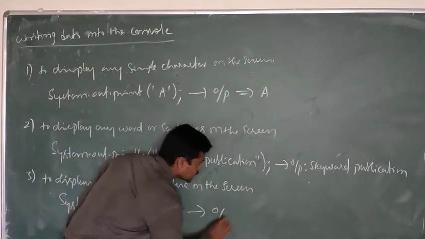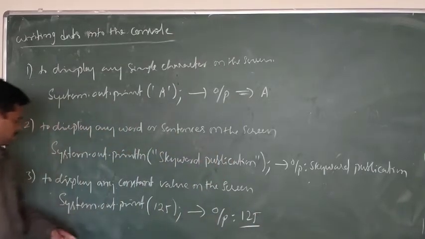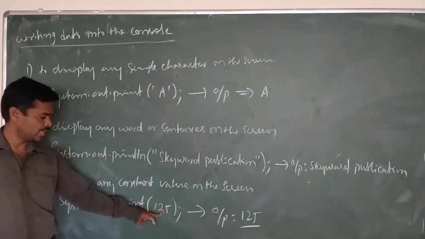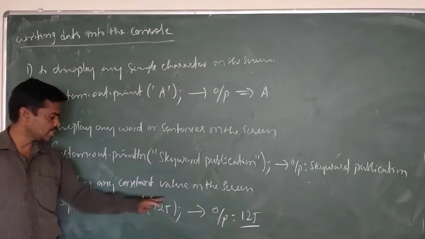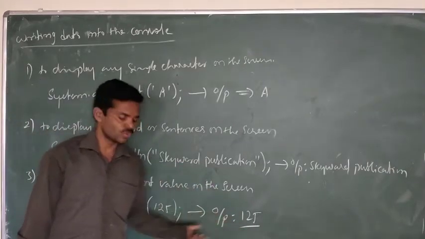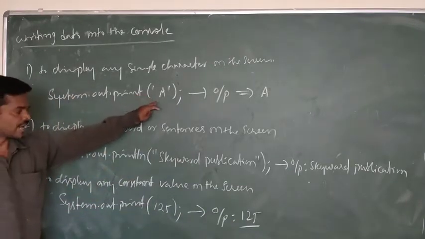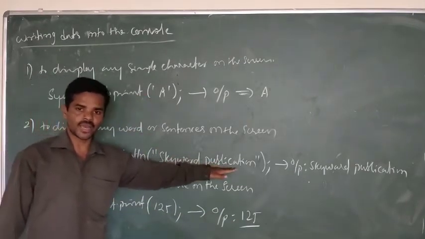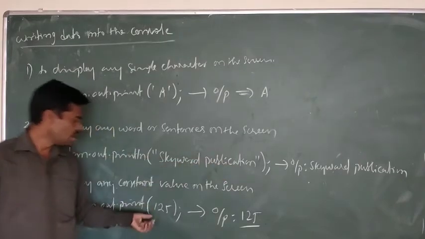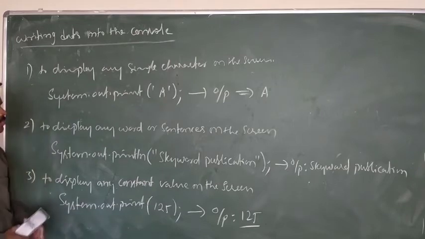The output is 1 to 5. The constant value written directly inside the parentheses will be displayed as it is on the screen. No need to add quotes for this. So like that you can display a single character, a word or group of characters in the form of sentences, or constant values. Understood?